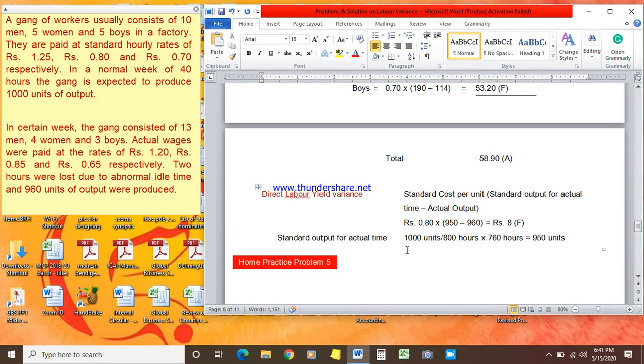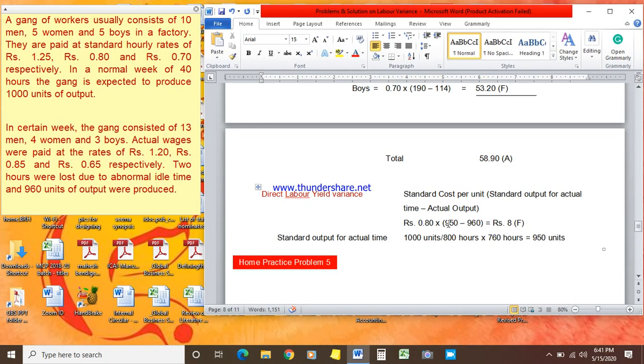If you observe this entire calculation, if the workers spend 800 hours in total, they are supposed to manufacture 1000 units, but since they only spent 760 hours, the standard output they are supposed to manufacture is actually 950 units.